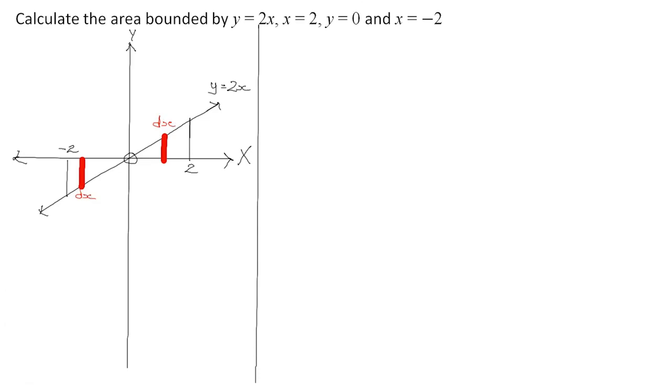And then you obviously need to shade. This is very important. From 0 to positive 2. And you also need to shade from 0 to negative 2.